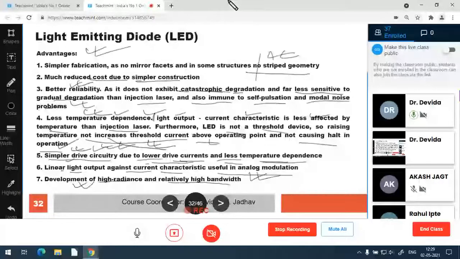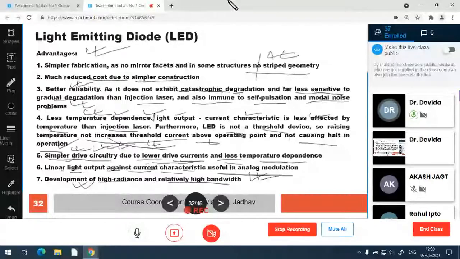Then sixth is linear light output against the current characteristic, useful in analog modulation. So the LED has very linear output, whereas lasers have non-linear output due to the threshold property. It can radiate from very low to very high levels.